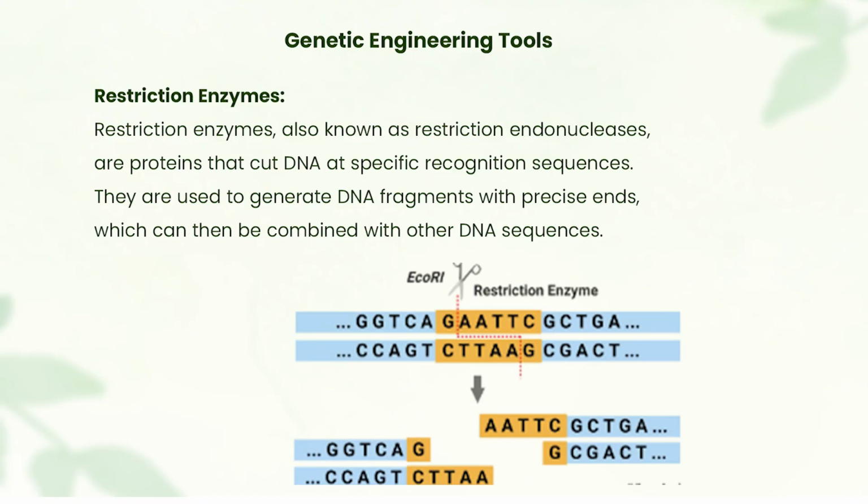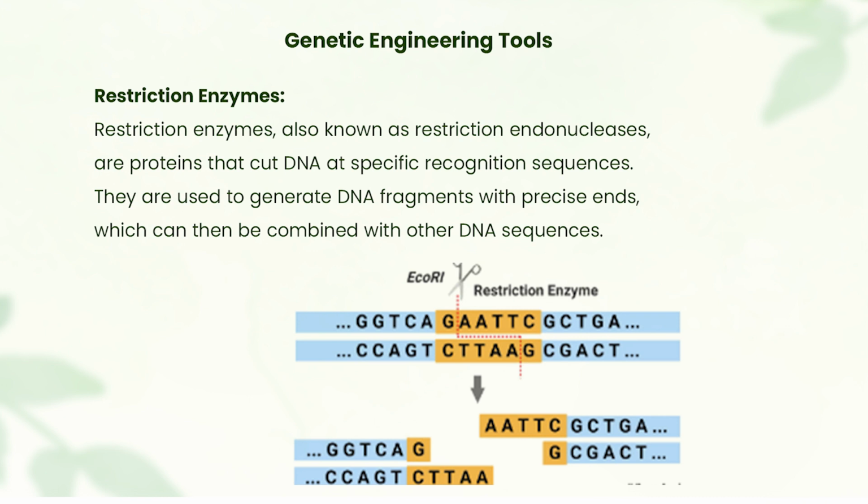Now, the next tool is genetic engineering tools, that is the advanced technique, starting with restriction enzymes. Restriction enzymes, also known as restriction endonucleases, are proteins that cut DNA at specific recognition sequences.